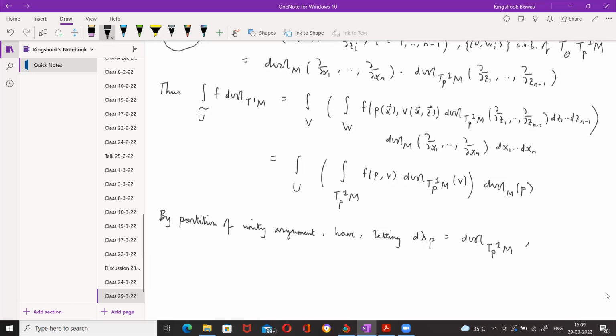Okay. So we have that, and letting d lambda equal Liouville measure, which is d vol T1M, that for all f in C_c of T1M.